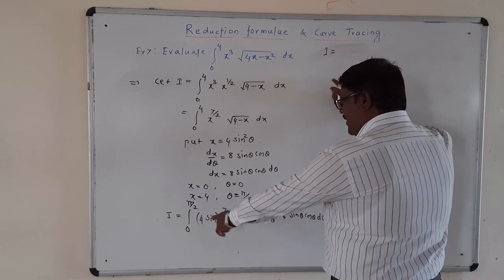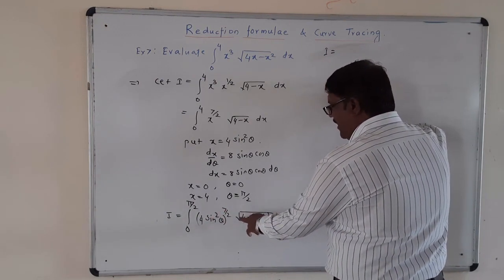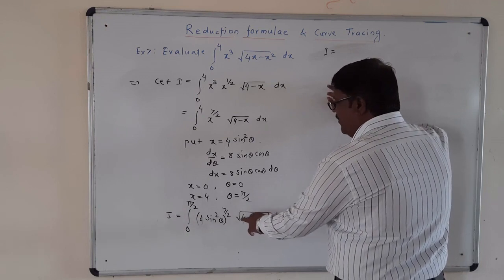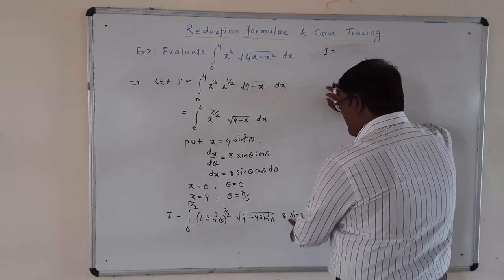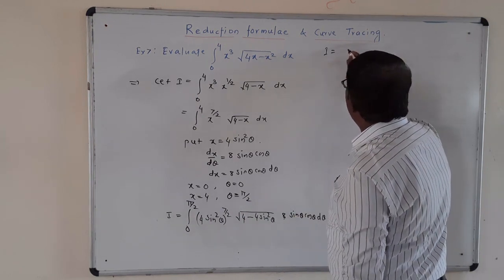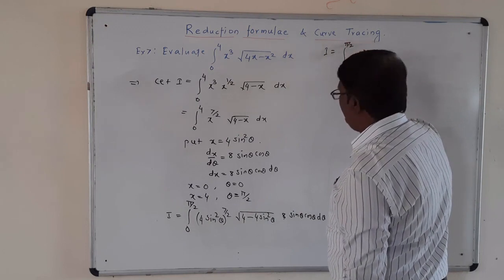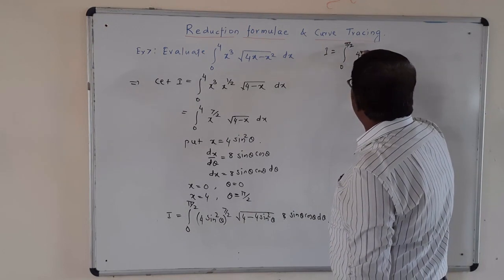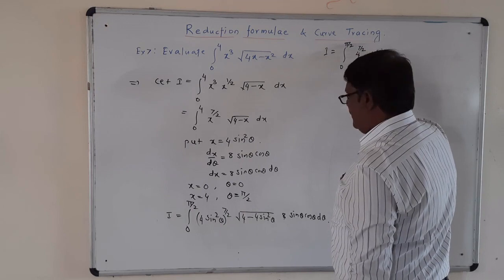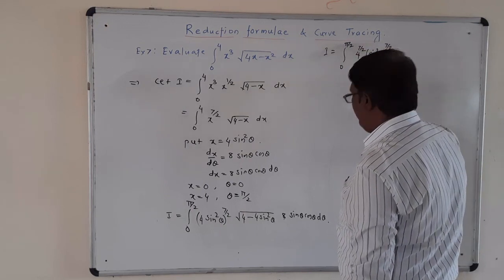Now here 4 raised to 7 by 2, if I take 4 common under root, then it will be 4 raised to half, and then this 8 can be written as 4 into 2. So total it is integration 0 to pi by 2. Now here it is 4 raised to 7 by 2, sin square theta raised to 7 by 2.